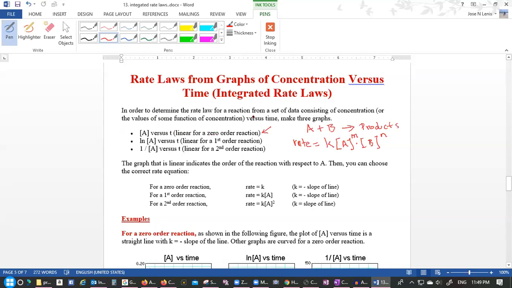There is a mathematical way I will show you later also. So either way, from the experimental data, you graph it and you get the linear relationship between concentration of A against time, and that is an indication that it's a zero order, and I'll show you how to work it out.